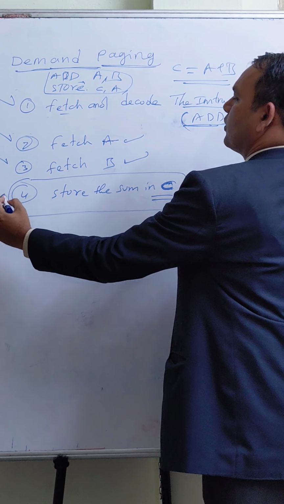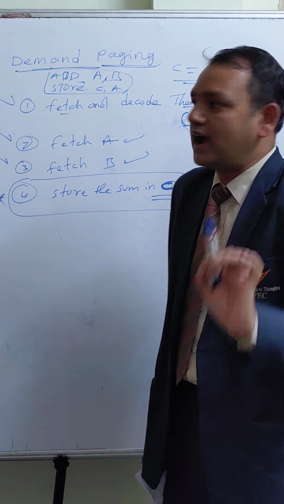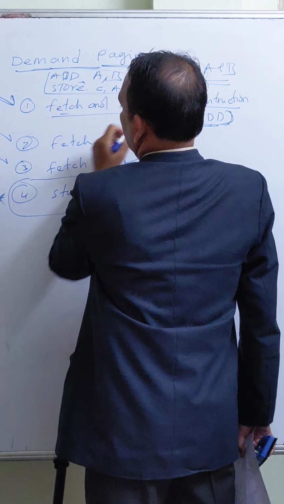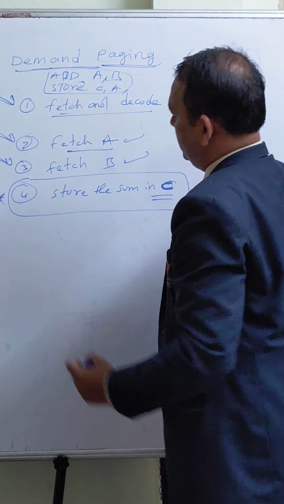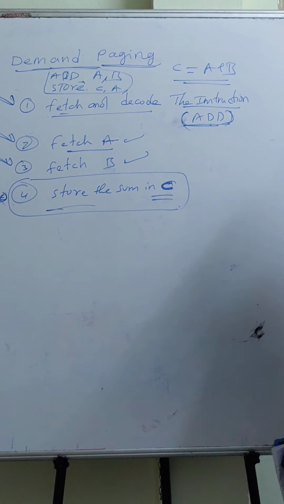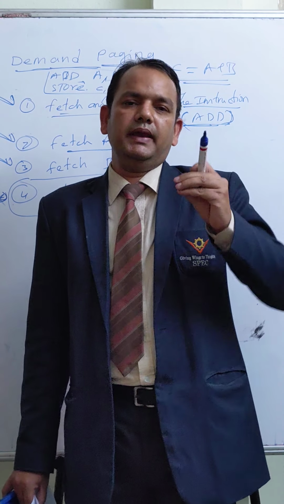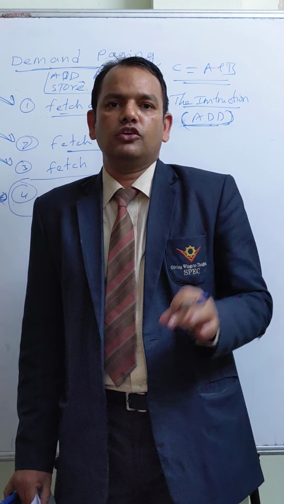After this page is brought to the main memory, execution starts again from the beginning: fetch and decode, fetch operand A, fetch operand B, and store the sum in C. Okay, my dear friends, this is called demand paging. Whenever a page is required at the time of execution, that page is loaded on demand. Okay, thank you for watching.